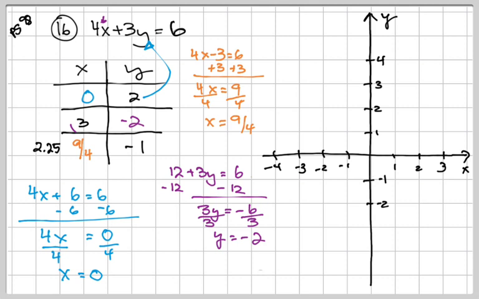0, 2 is on the y-axis right here. 3, -2 is right there. If I wanted to connect the dots now, I can. 2.25, -1, just to make sure I really have a straight line. And you know, guesstimating a decimal is always a little tricky.